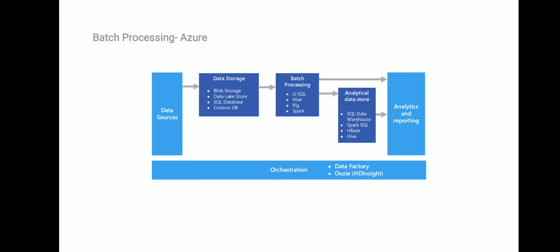Now, for the analytical data store, you can use Spark SQL. Spark SQL is actually an API built on Spark that supports the creation of data frames and tables, and one can query using SQL syntax. Azure Synapse Analytics is a managed service based on SQL Server database technologies and optimized to support large-scale data warehousing workloads.